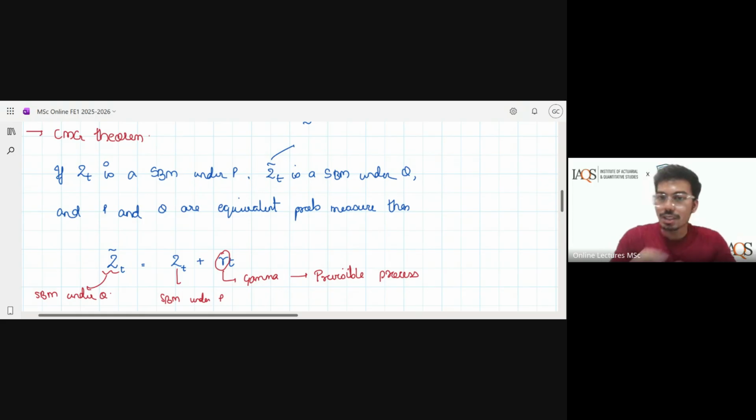The CMG theorem basically states that if you have a standard Brownian motion, I can express any Brownian motion in terms of a different measure, may it be risk neutral probability, may it be real world probability.